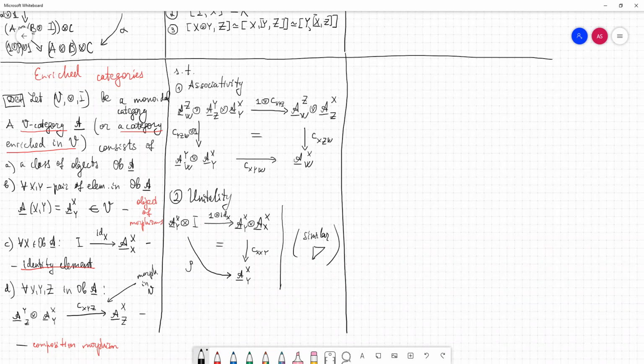So as expected, composition on the left and composition on the right of your morphism give the same morphism. And above is associativity.